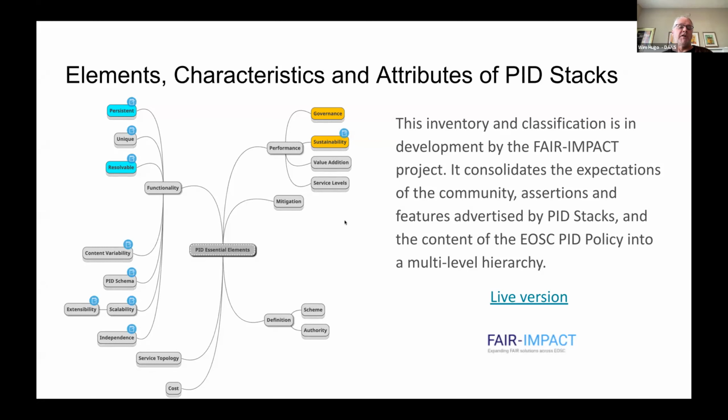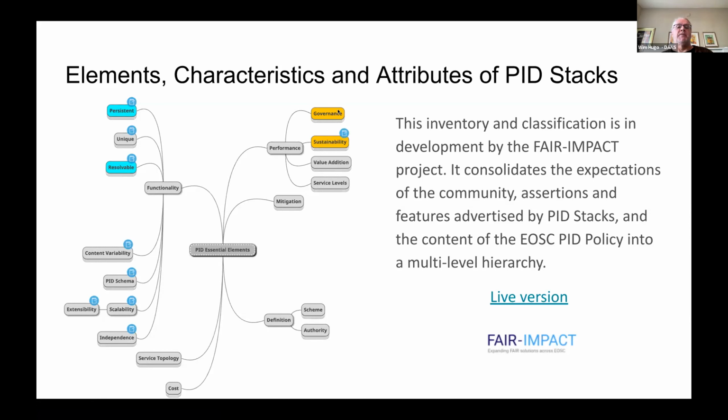And this goes into quite a bit of detail. It now links to over 150 literature references for indications of what community expectations and current practices entail. Just a further note is that, as you dive deeper into this, the live version is under a link here, by double-clicking on the nodes, the ones in blue are also referred to in the EOSC PID policy.